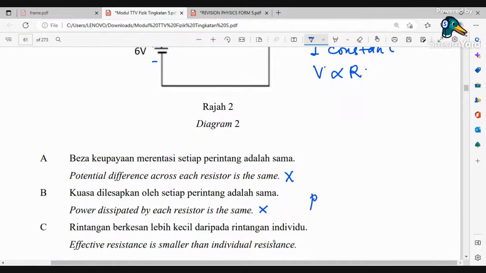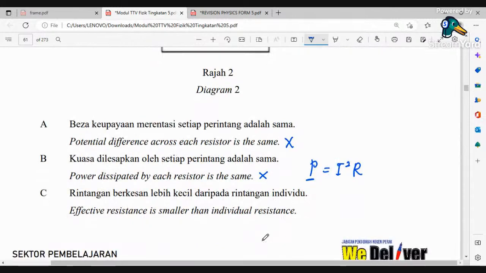Okay, B, power dissipated by each resistor same, also wrong. Power dissipated P equals to I square R. They have same current but resistance are different, so power dissipated also different. So B is wrong. C, okay, effective resistance is smaller than individual resistance, also wrong.